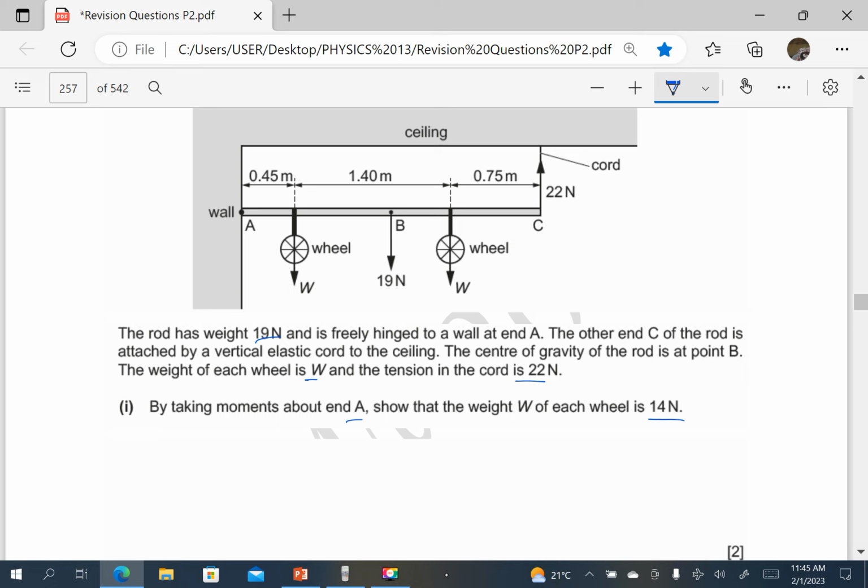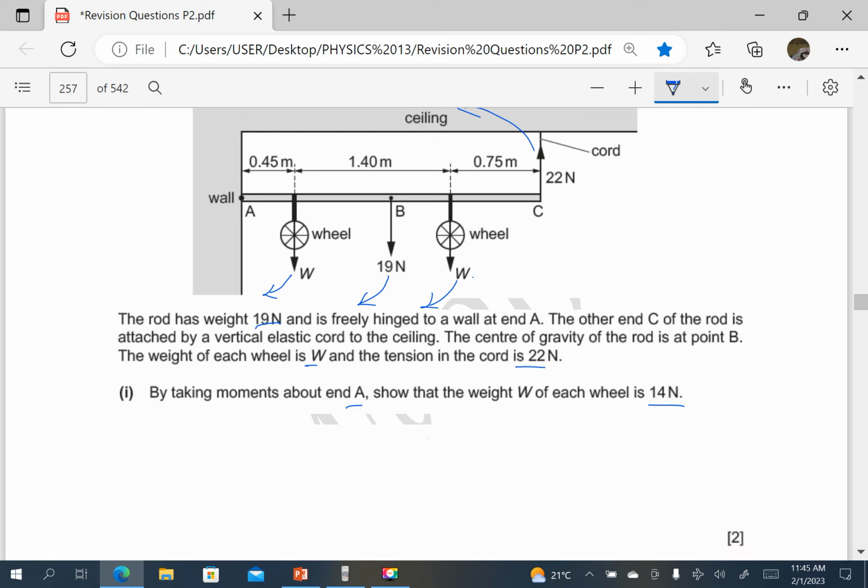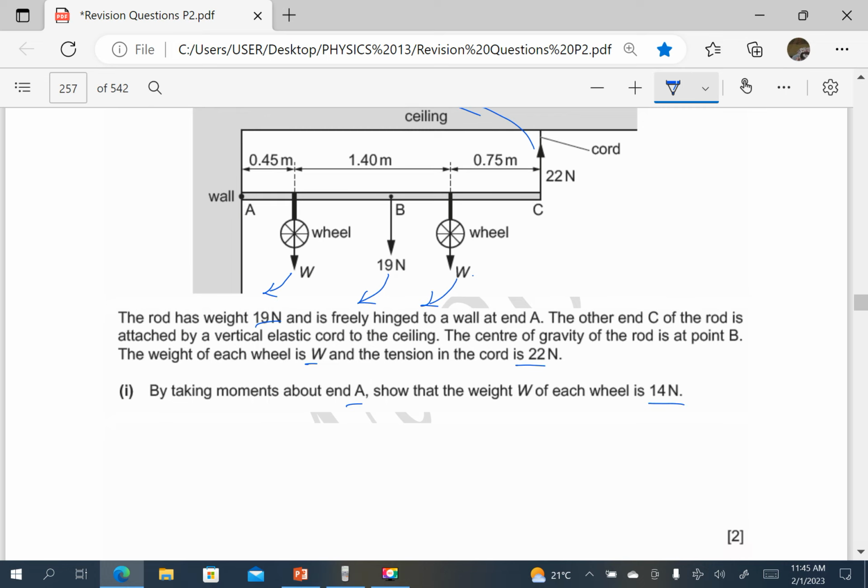So taking moments about A, where W is clockwise, 19 newtons is clockwise, this W is clockwise, but the other one is anti-clockwise. So using the principle of moments, the sum of clockwise moments equals the sum of anti-clockwise moments.